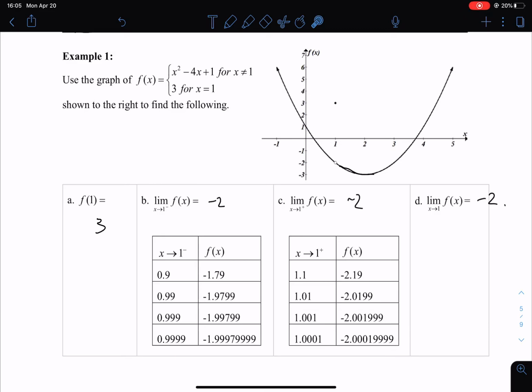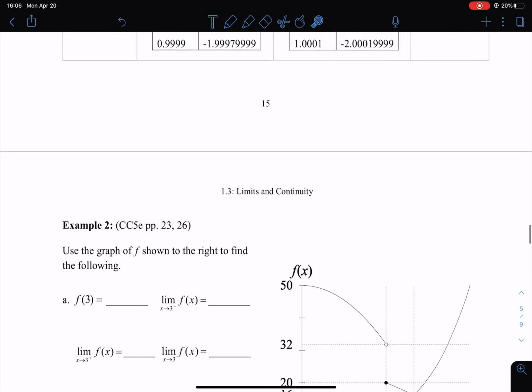So this is the left side limit. And then let's see the corresponding f of x. You can see the f of x goes to negative 2. It's getting closer and closer to negative 2. So the left side limit is just negative 2. And similarly, this one approaches negative 2, so the right side limit is just negative 2. And then the limit is just negative 2.